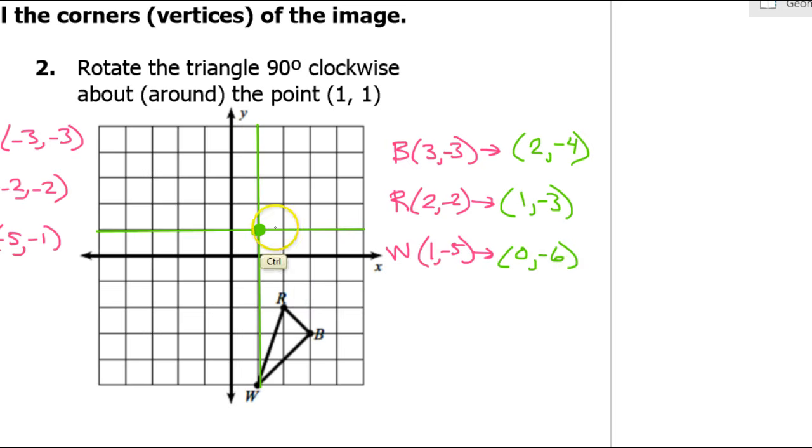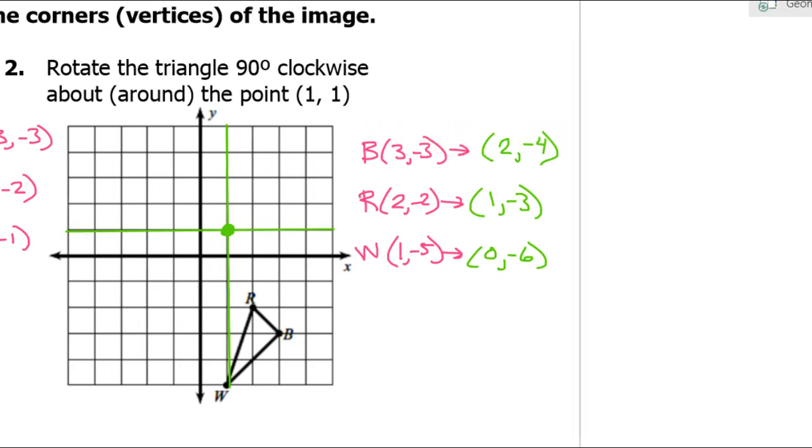All right, so if I pretend this is the origin, I get these points, and now I can do the rule. Again, the rule is any x, y, 90 degrees clockwise, is going to become y, opposite of x.